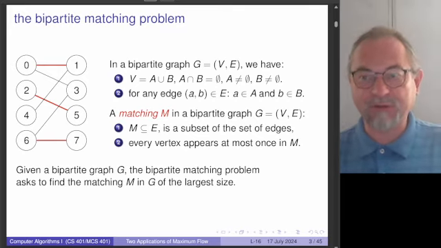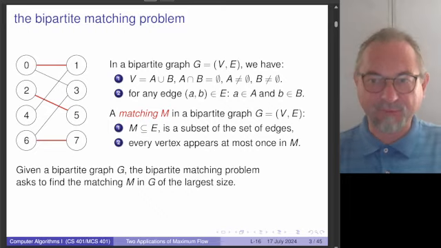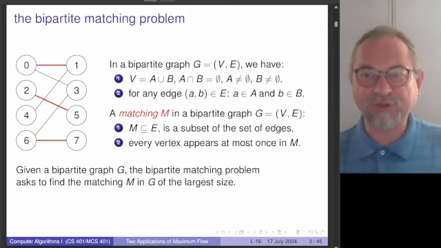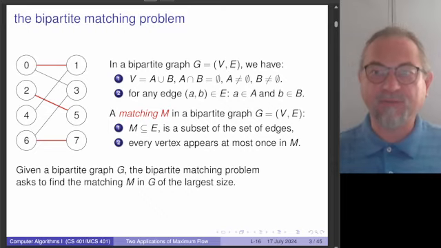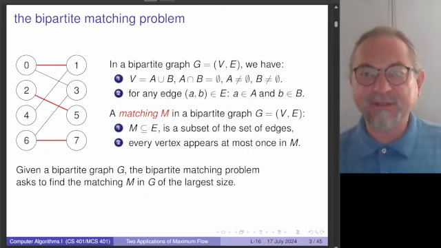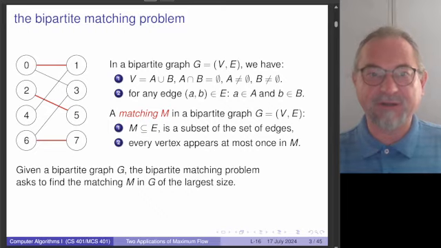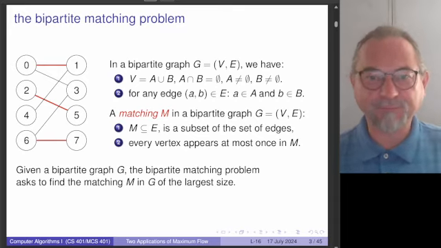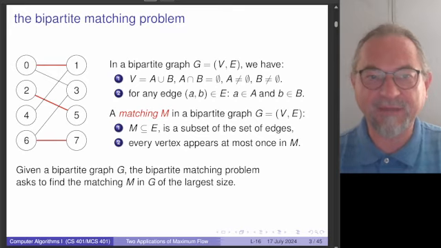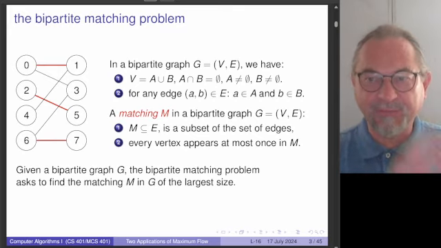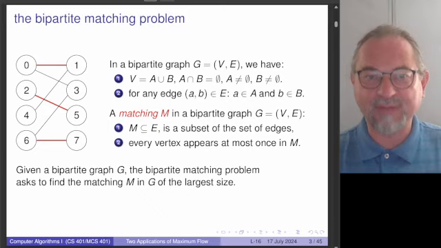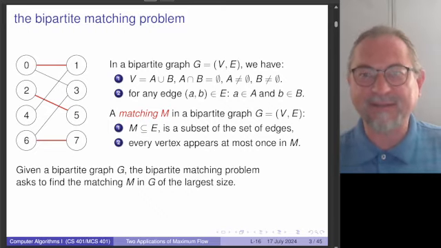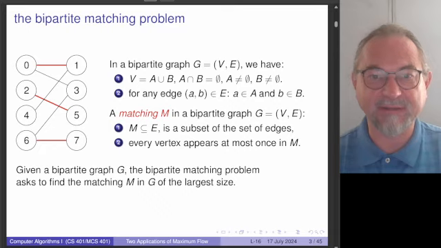Typically, we draw such a graph by placing all the vertices in the first set on one side and all the vertices of the other set on the other side. So there are only edges between these two sets. For any edge, the first element is always in the first set and the second element is in the second set.